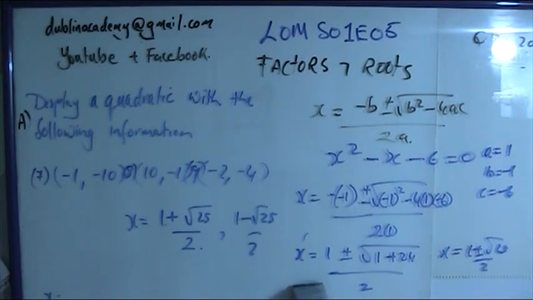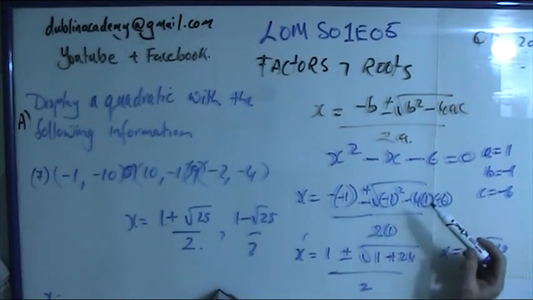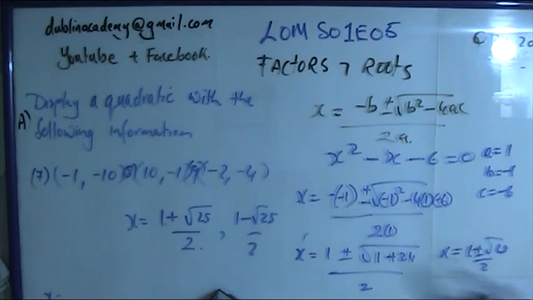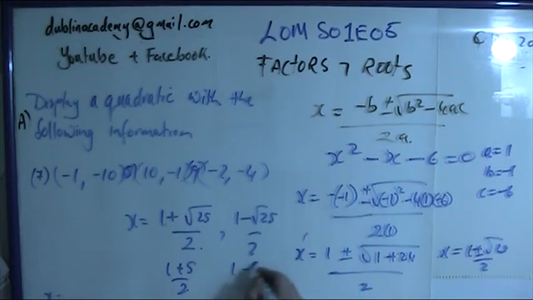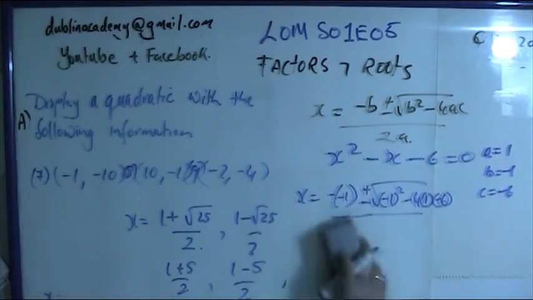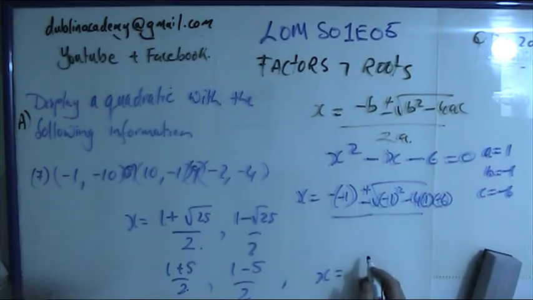I must have a look, this should be fairly quick now. So the square root of 25, so that's going to be 1 plus 5 over 2, and this is going to be 1 minus 5 over 2. So you've got 6 over 2 and you've got minus 4 over 2, and you get back to your values of x equal to 6 over 2, which is 3, or minus 4 over 2, which is minus 2.